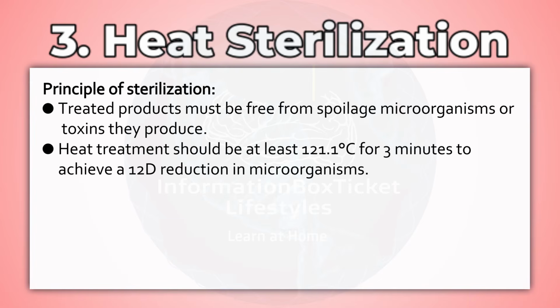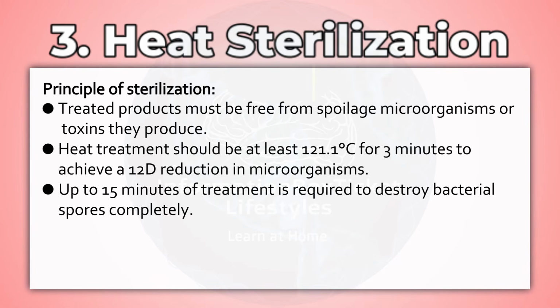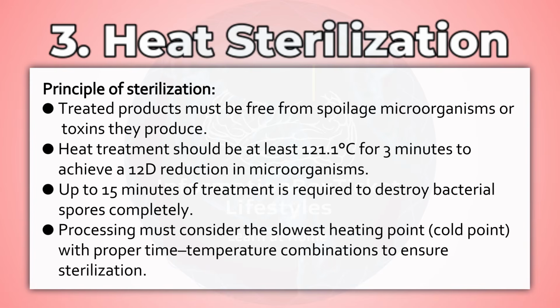Heat treatment should be at least 121.1 degrees Celsius for 3 minutes to achieve a 12D reduction in microorganisms. Up to 15 minutes of treatment is required to destroy bacterial spores completely. Processing must consider the slowest heating point, the cold point, with proper time-temperature combinations to ensure sterilization.